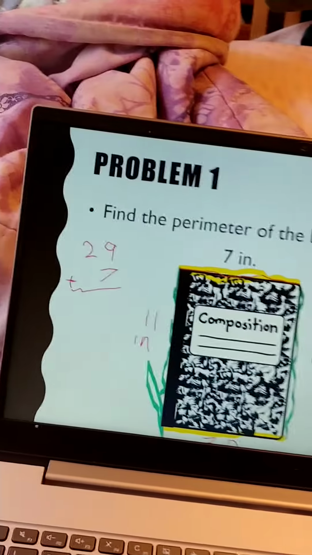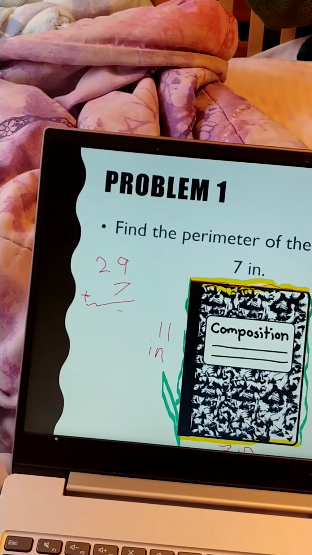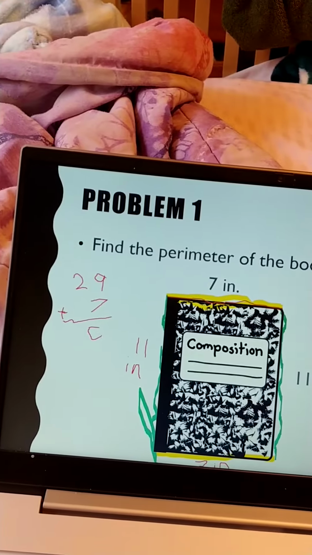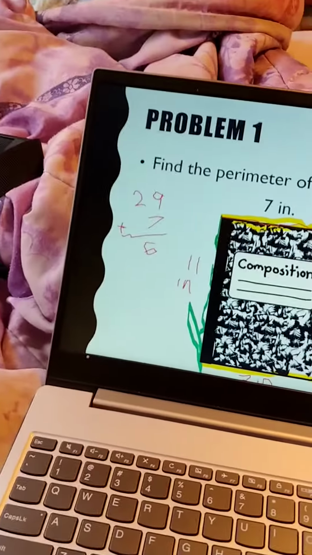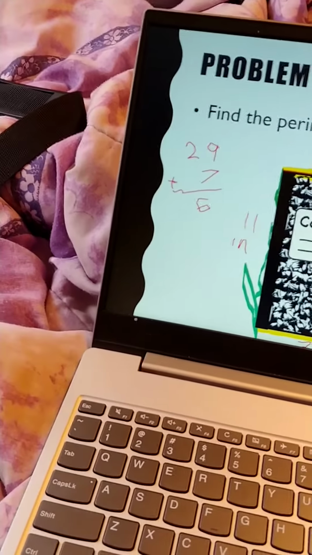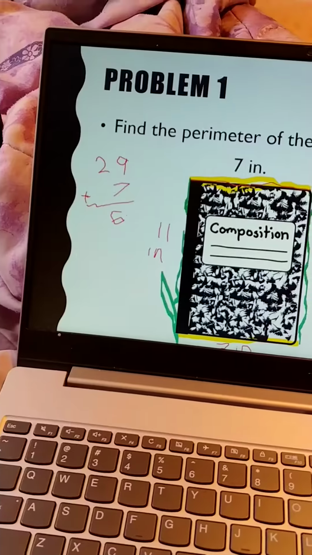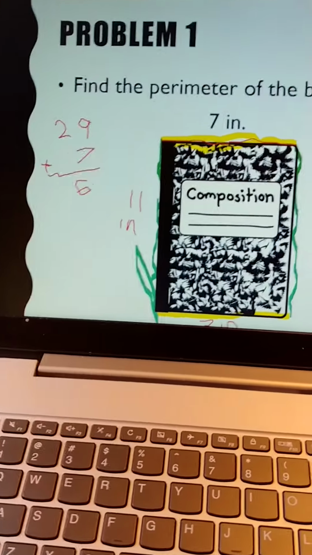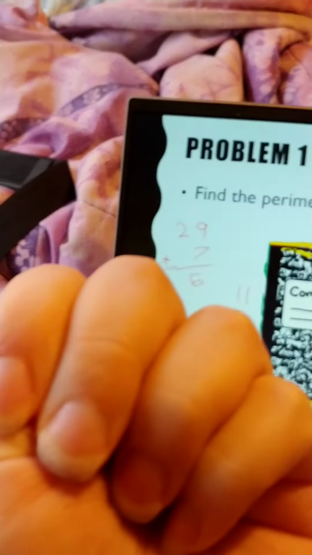Okay, so we're going to add the ones first. So 9 plus 7 is going to give us 16. And by the way, guys, if you had trouble finding the answers to some of these, as I said before, you could draw a picture, draw 9 circles, and then draw 7 more. Or you can just count on. So you can count 9 and then go 10, 11, 12, 13, 14, 15, 16. So you'll have 16.